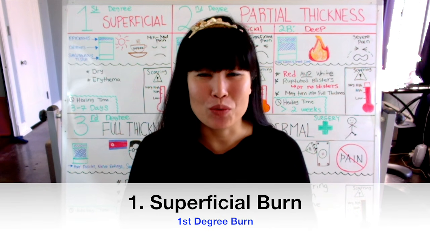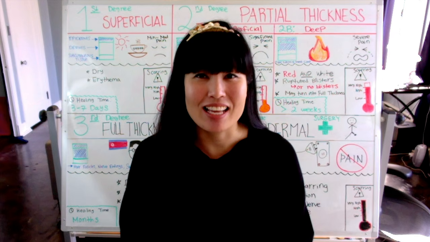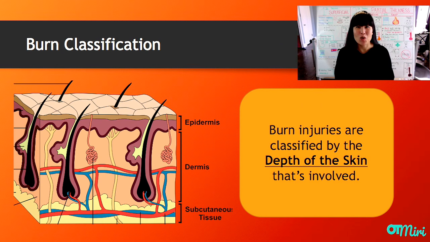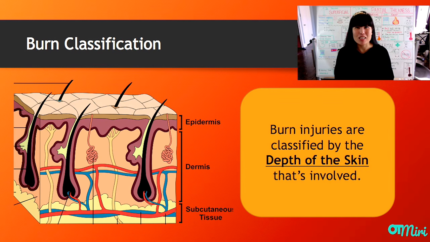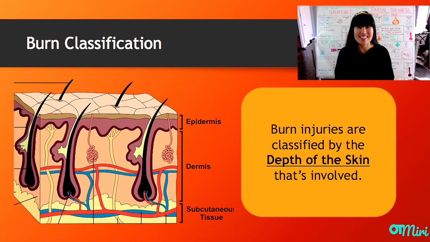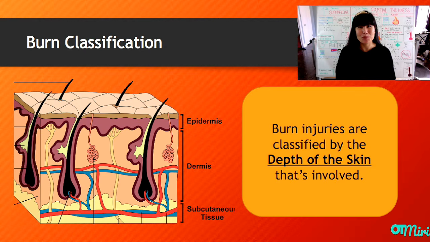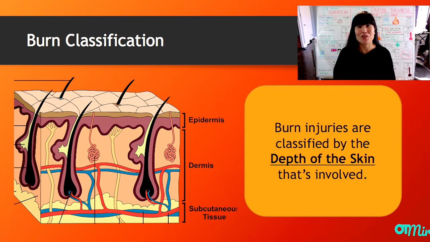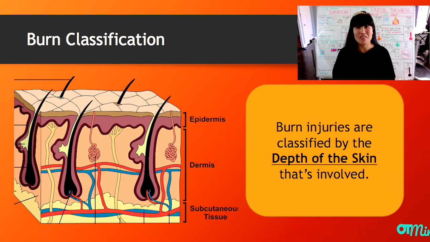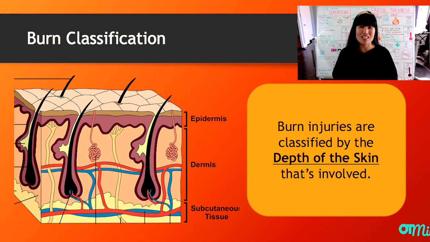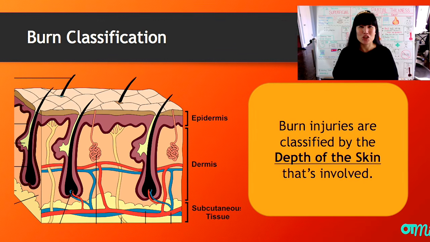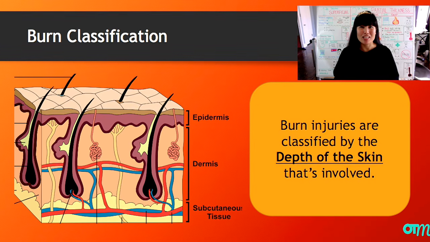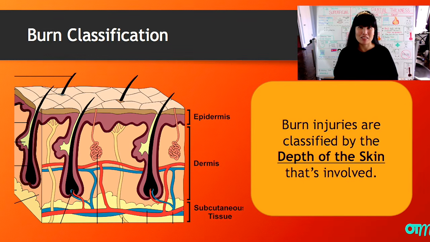Now, with burn wounds, it's important to understand that it is classified according to the depth of the skin layer involved. That means you'll need to know basic skin anatomy. So in each box, you'll see in the upper left-hand corner, I have a green box, and that is a very, very rudimentary sketch of a cross-section of a skin. That's to show you where the epidermis and dermis and the subcutaneous tissues lie.